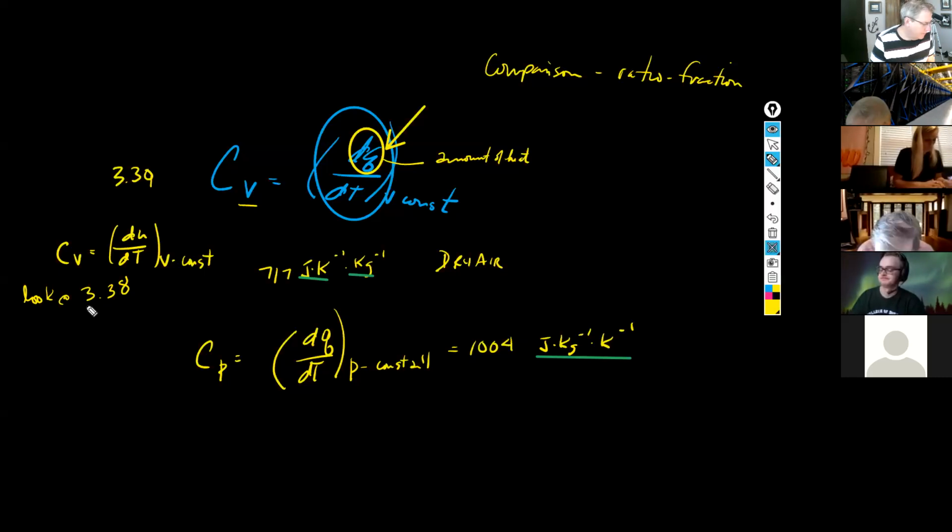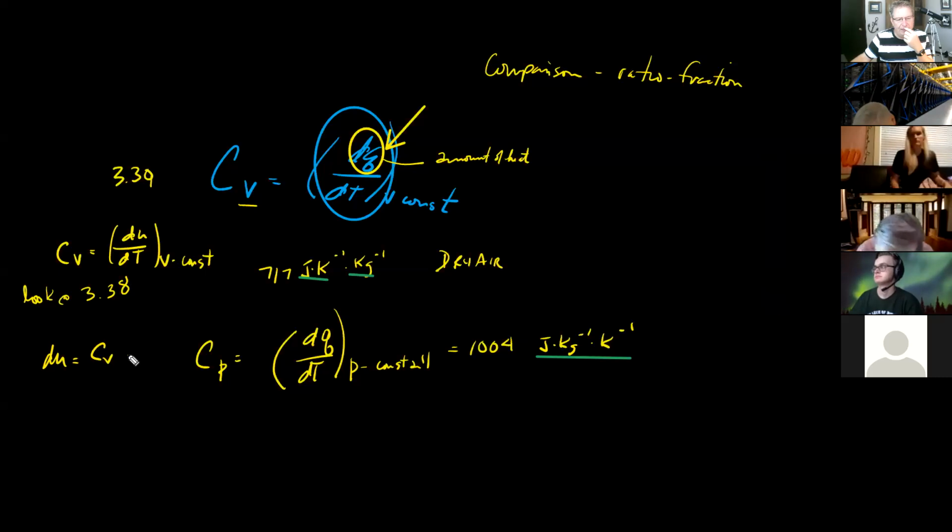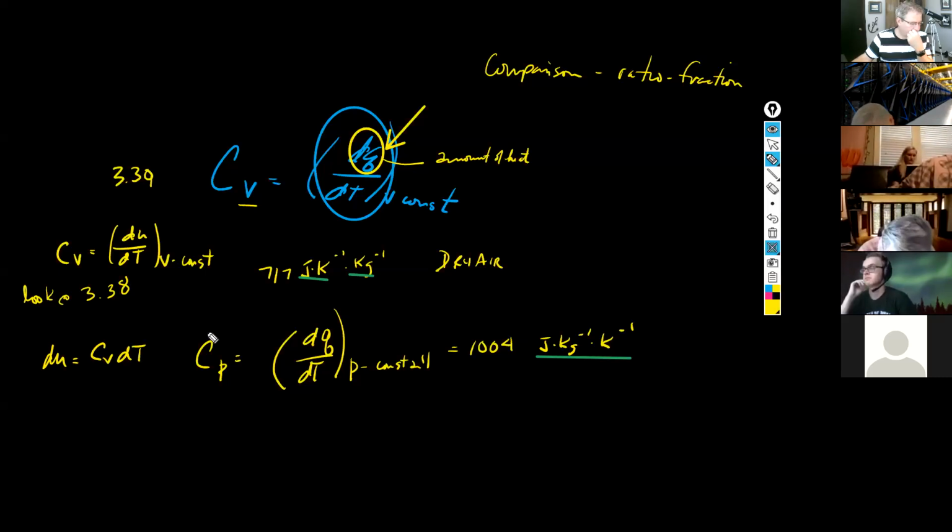Right? Okay, I see. If that's the case, then du is equal to cv dt. And we know that the volume's constant, so that's what we're saying.